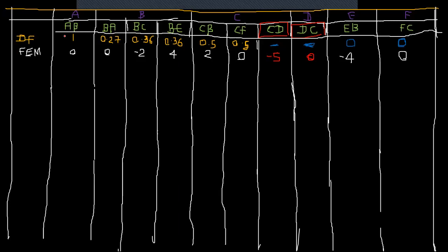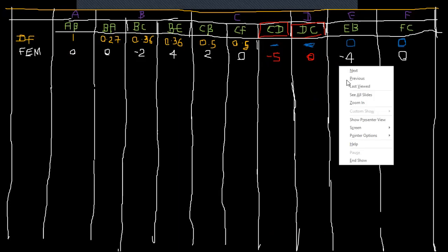So the discontinuous end is AB, but it's already balanced, right? The fixed moment is 0, right? Again, I'm repeating. The fixed moments in red color are the final bending moments, because we are not doing anything to these two columns, right?